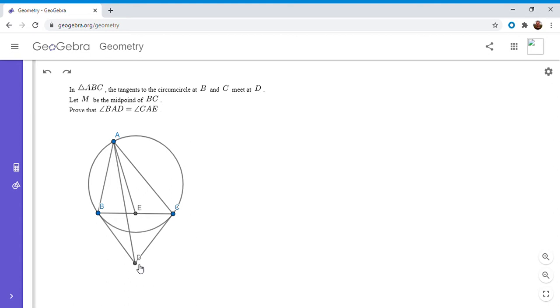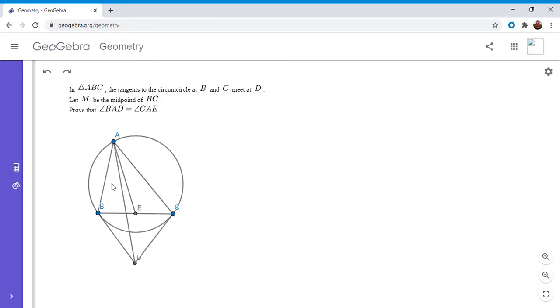So you can start by noticing that since this is tangent to the circle at B, then angle CBD has to equal angle A, or angle BAC. So basically, we have angle ABC here, and then this angle is equal to angle A. Since the three angles of a triangle add up to 180, the exterior angle would have to actually be the third angle.